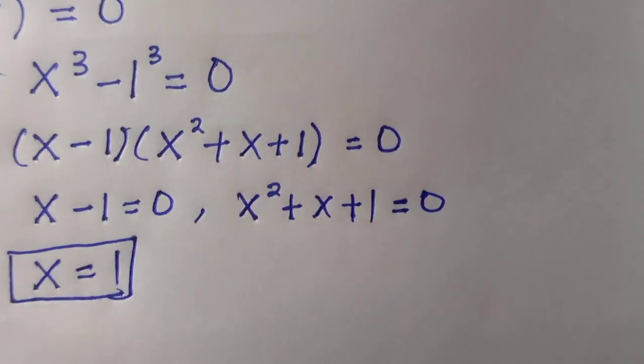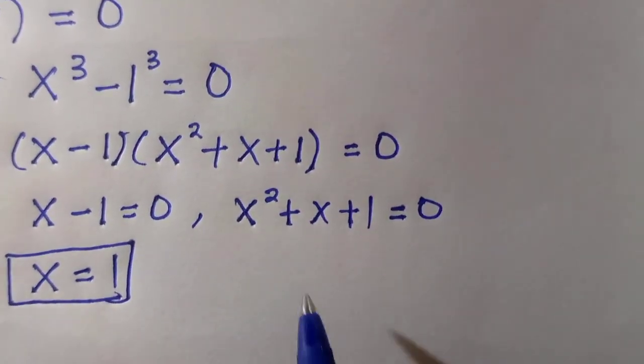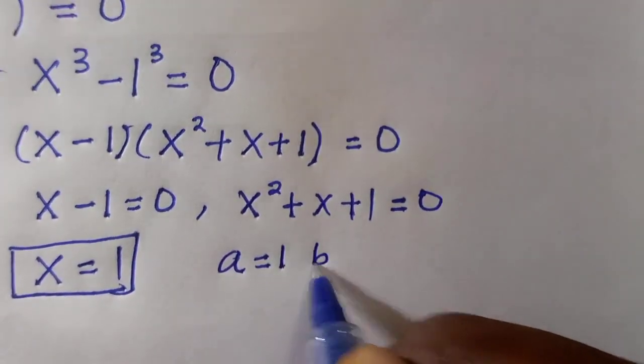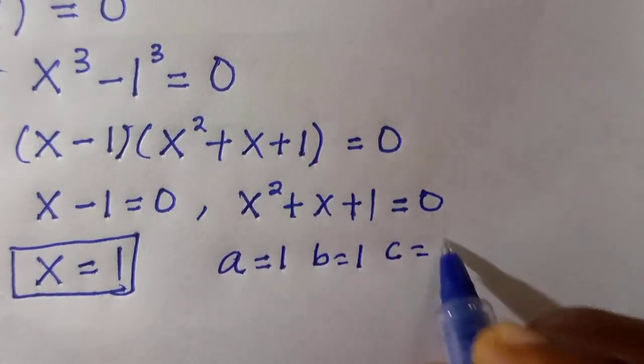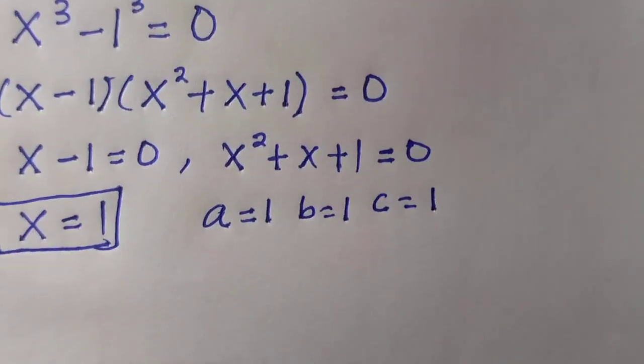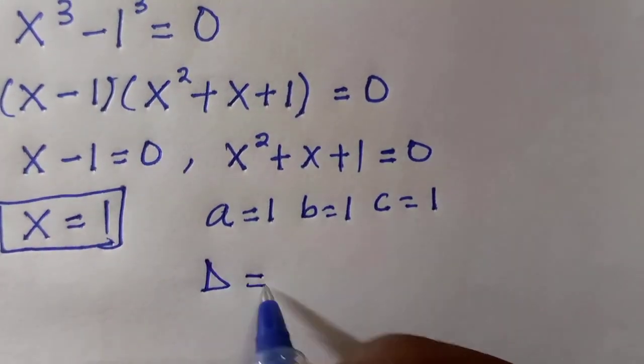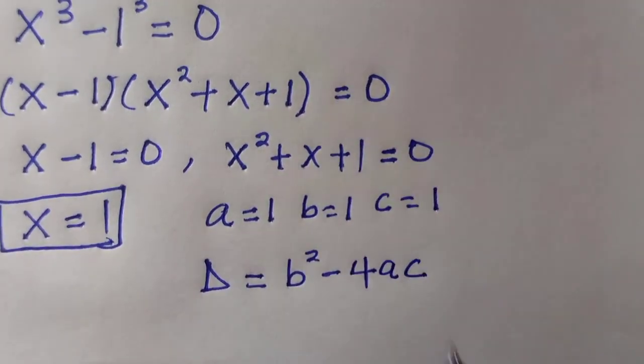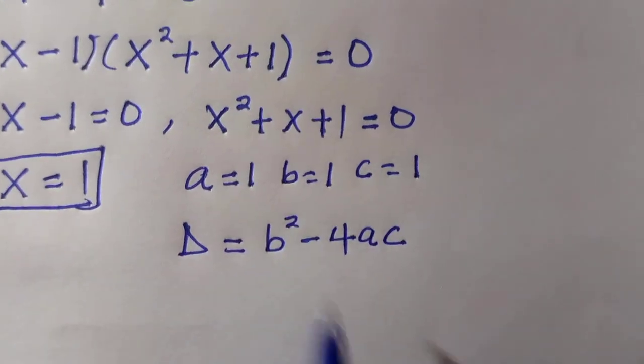And for the other part, which is a quadratic equation, we consider a as the coefficient of x squared, which is 1, b as the coefficient of x, which is 1, and c as the constant value, which is also 1. So here we have the discriminant, which is b squared minus 4ac, and this was derived from the quadratic formula.